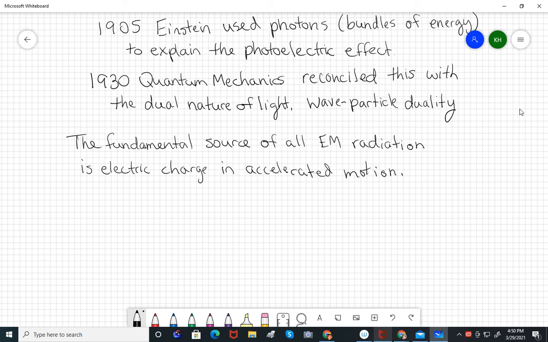All objects emit radiation as a result of the thermal motion of their molecules. Everything's made up of these vibrating molecules, and these vibrating molecules emit heat. At a high enough temperature, matter will emit enough visible light to be self-luminous. If you light something on fire, eventually it gets hot enough, think of charcoal, that it will glow red and then maybe even glow white if it's hot enough.